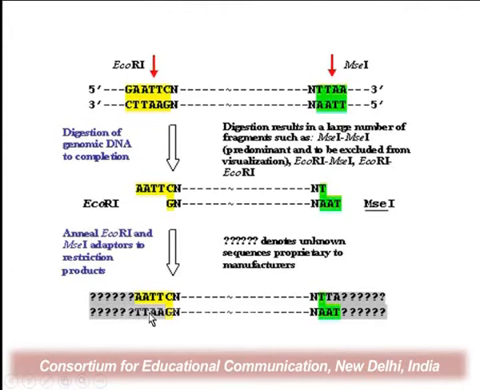Adapters are basically preformed sequences which contain the restriction sites. So now we are completing this EcoRI restriction site and this MseI site by using synthetic adapters. The sequence of these synthetic adapters is known to us because we designed it. The alignment to the DNA fragment will occur because of the restriction site that is present here. So we add these adapters on the two ends.